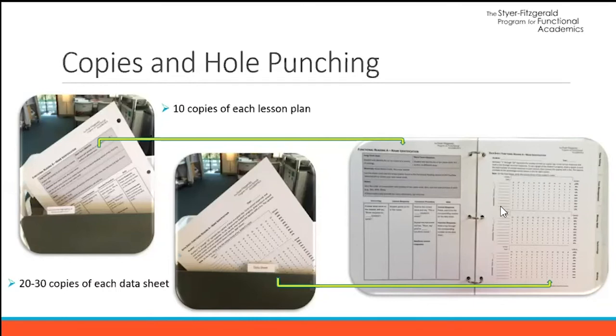It just makes it easier, because if you hole punch it all on the same side, you have to flip back and forth between the lesson plan and the data sheet, which is cumbersome when you're trying to teach. I often felt like an octopus, managing materials, a data sheet, and my lesson plan. If you can hole punch it like they show here, it's going to make life a lot simpler.